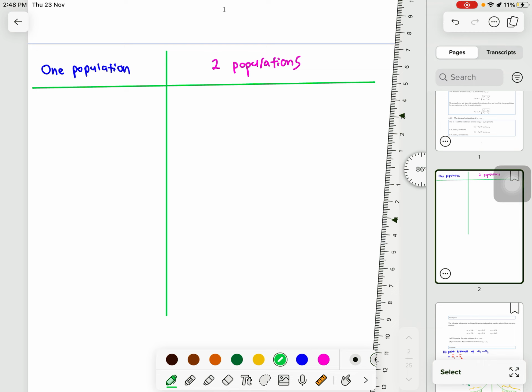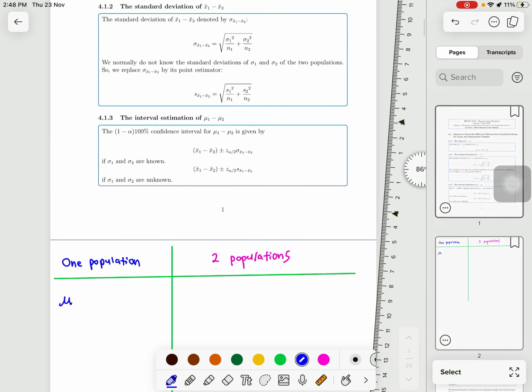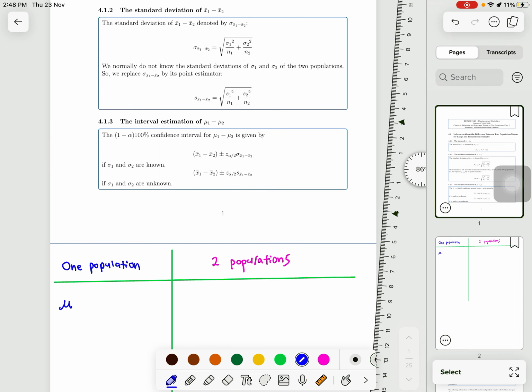If we want to estimate our mu, we take the value of x bar.